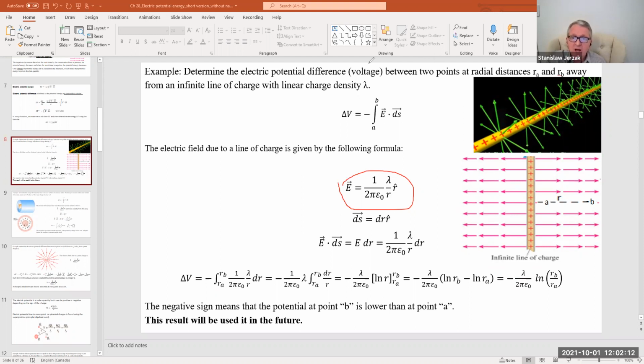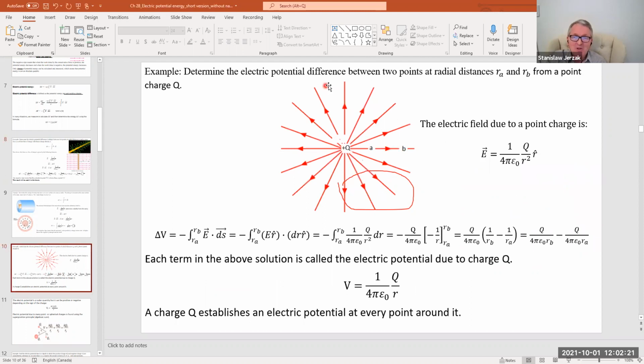You should not be surprised that the electric potential difference between 2 points in the field produced by a line of charge or in the coaxial cable, and in the field produced by a point charge or spherical charge, are so much different.